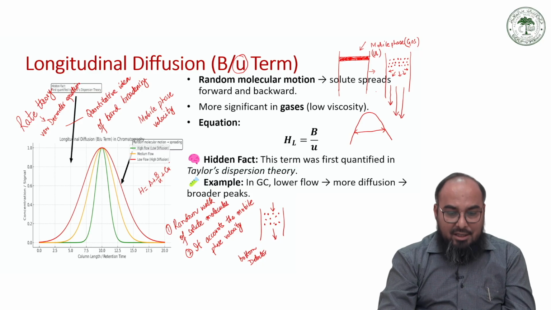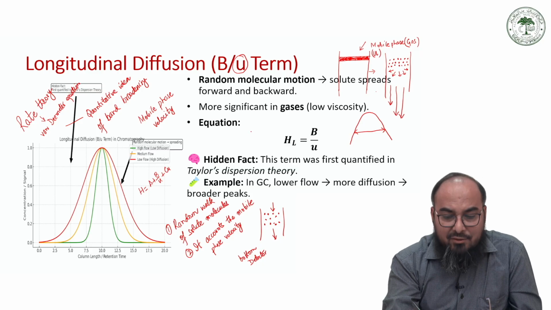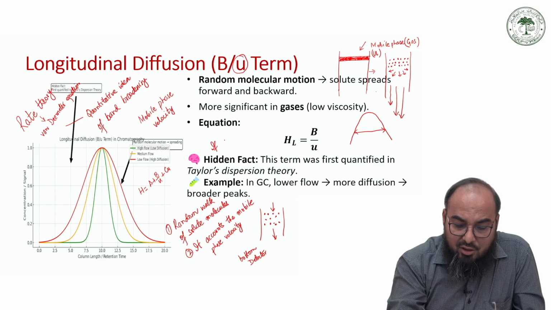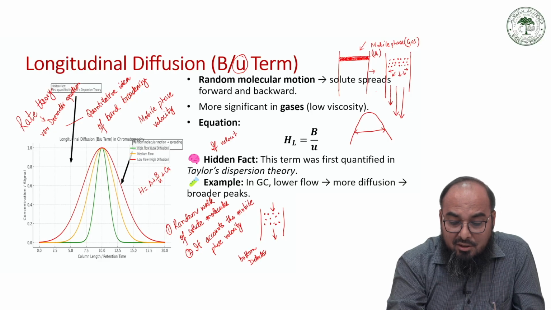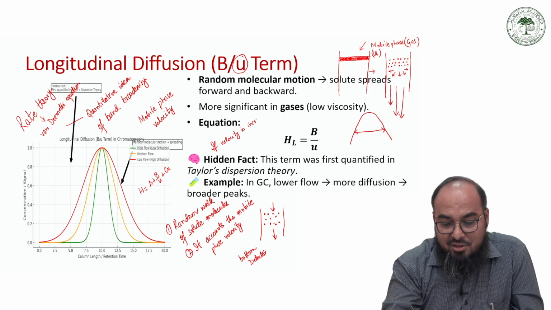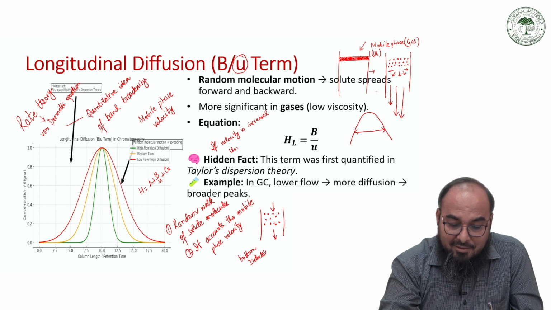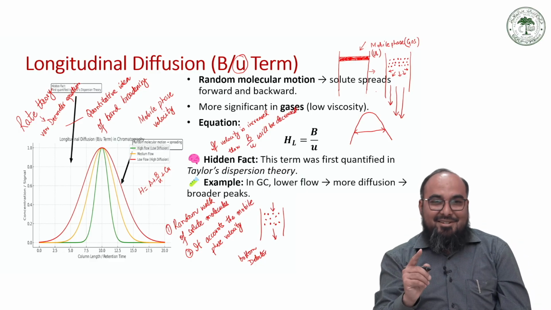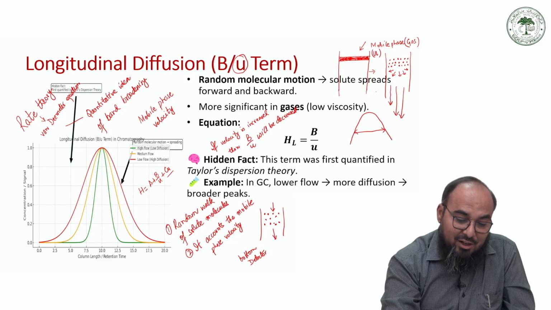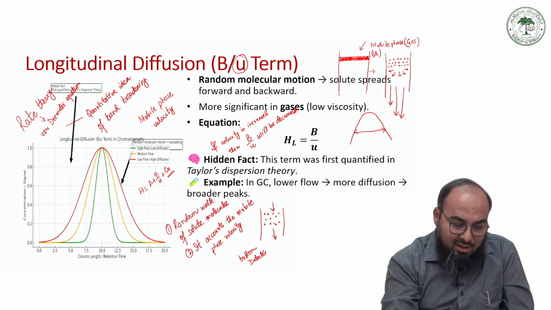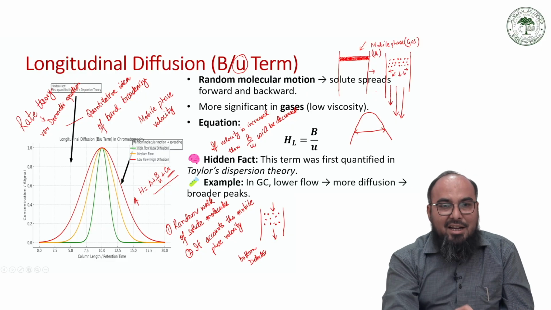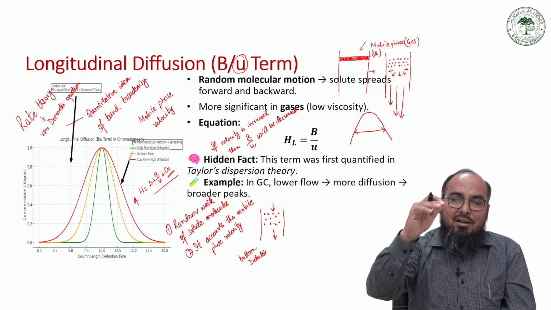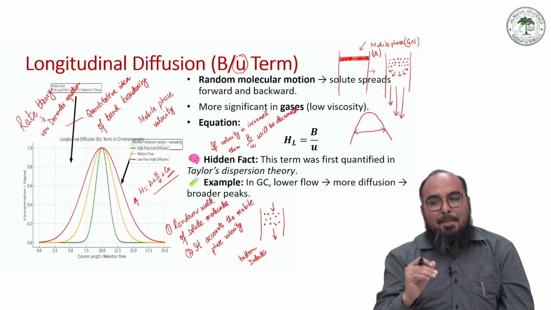Now the moment you increase the velocity, let us suppose, then B upon u will decrease, good, very good. But the problem is that Cu will increase, and overall these three terms will increase, and the increase in them is the increase in H, and the increase in H implies that your resolution is compromised.